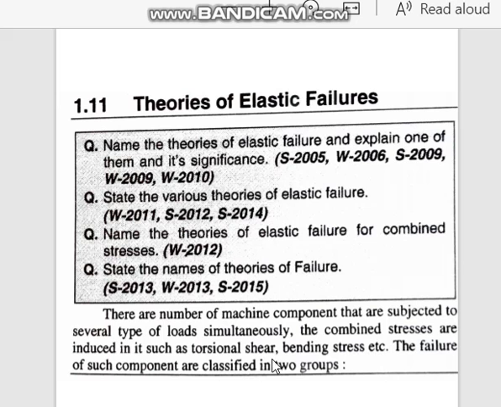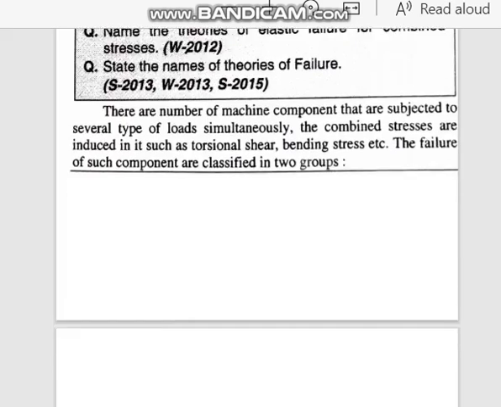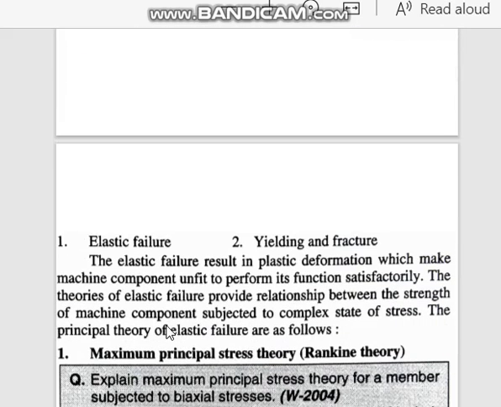So when that component fails, the failures of such components are classified into two groups. What are they? They are elastic failure and yielding and fracture.